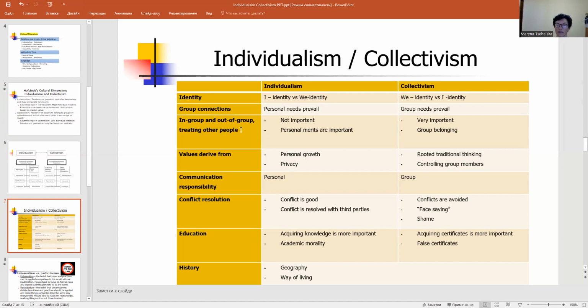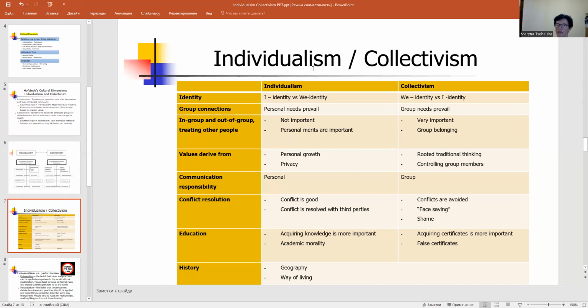The conflicts in individualism are seen as something good, and they usually result in third parties. That is why individualistic countries have very good law systems, while in collectivism, the conflicts are avoided and face saving is more important.